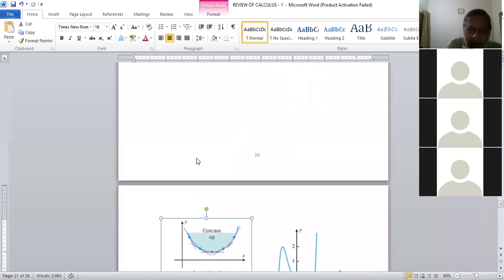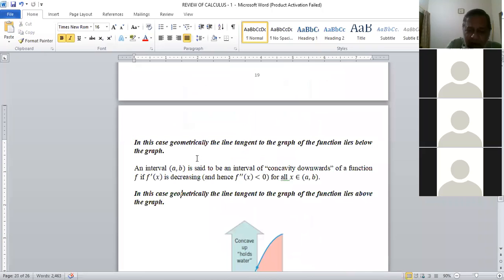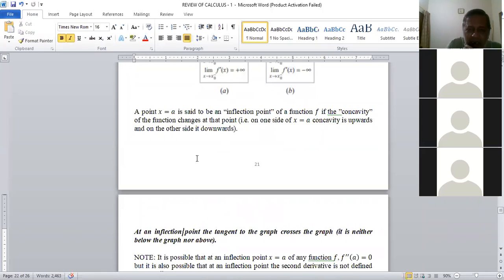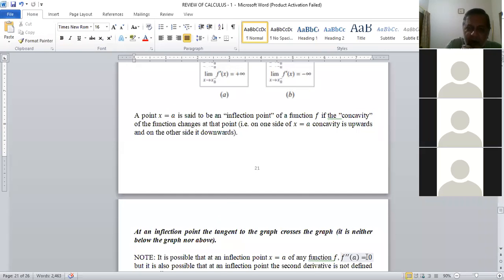Now, where the concavity changes, what happens? When concavity changes, we say that there is a point where concavity is neither downward nor upward, and that point is an inflection point. और अर्लियर स्टडी में हम देखते हैं कि इन्फ्लेक्शन पॉइंट हम उस पॉइंट को कहा करते थे जिस पॉइंट पे सेकंड डेरिवेटिव जीरो हो. ये कोई जरूरी नहीं है, हो भी सकता है और नहीं भी हो सकता.